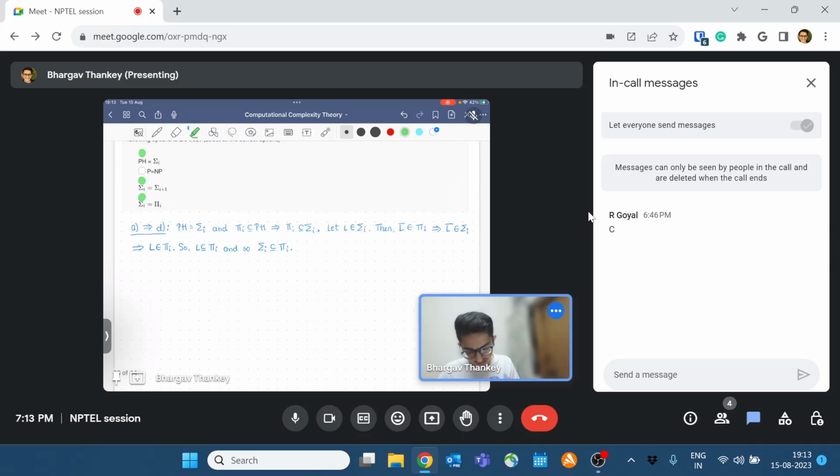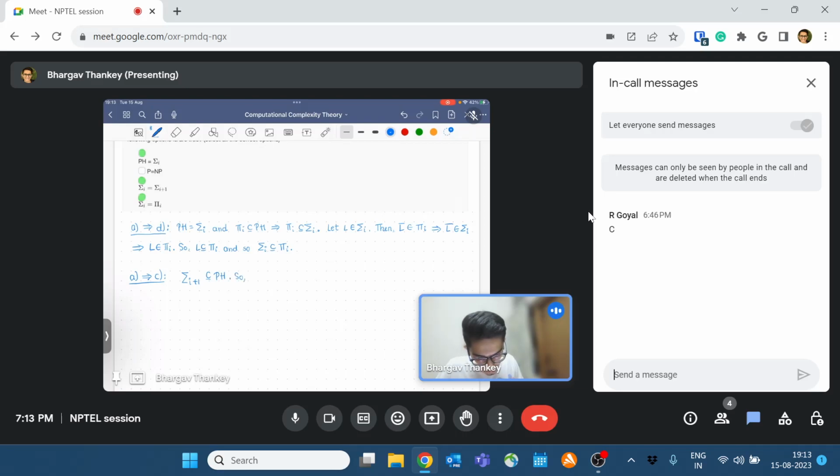A also implies C. Because sigma I plus 1 is contained in PH.